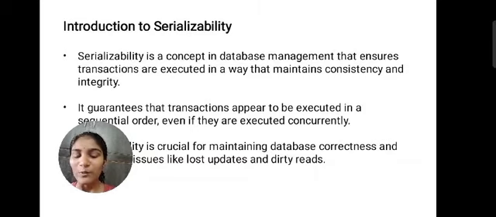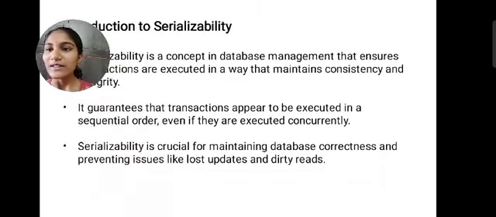Means we are converting parallel actions into serial actions in order to complete the transactions one by one, and it guarantees that transactions appear to be executed in a sequential order, even if they are executed concurrently. Concurrently means here the transactions are occurring in a parallel manner.